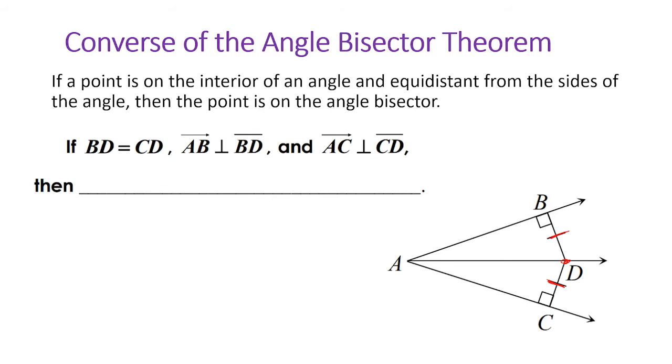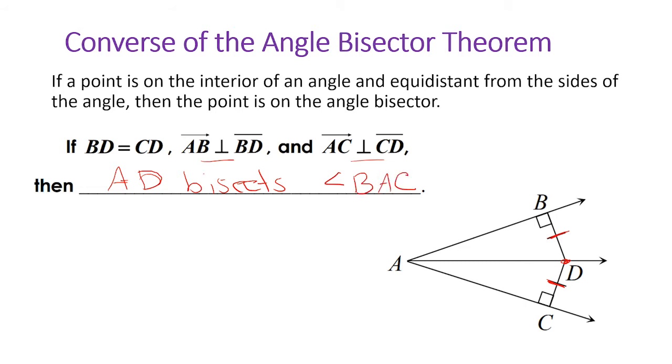So we can conclude that if BD is equal to CD, and AB and BD are perpendicular, and AC and CD are perpendicular, then AD bisects angle BAC.